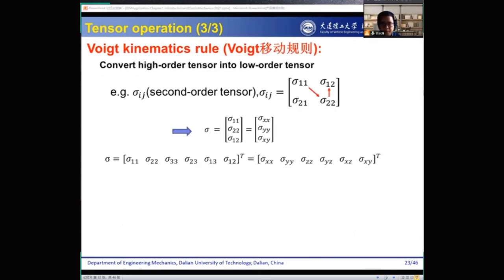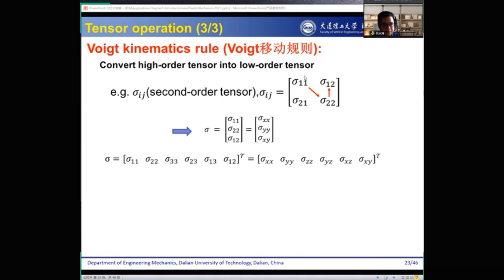Now we talk about the Voigt notation, or kinematic rules. This is a rule to simplify the matrix, a rule to convert a high order tensor into a low order tensor. So for example, if we have a stress sigma ij, it is a second order tensor because it has two free indices.